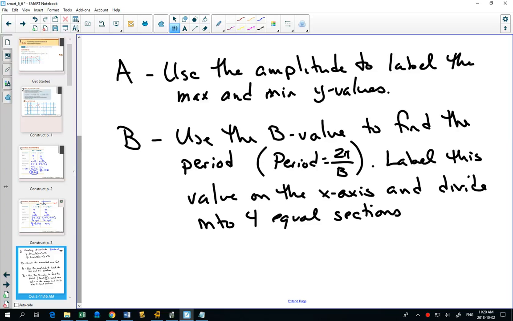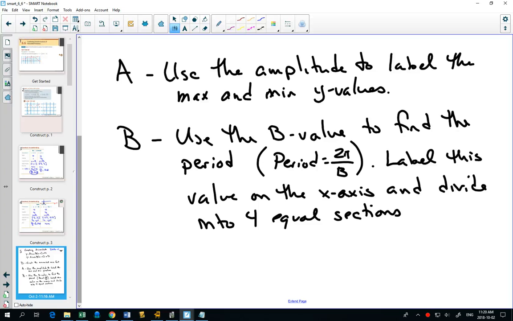You label your period, which is 2 pi, and then you broke it up into 4 equal sections, which was your axis family. And when we saw in the last section, when the B value changed, we did the same thing. We labeled our new period and then divided it into 4 equal sections. So this is what we're going to do to start.